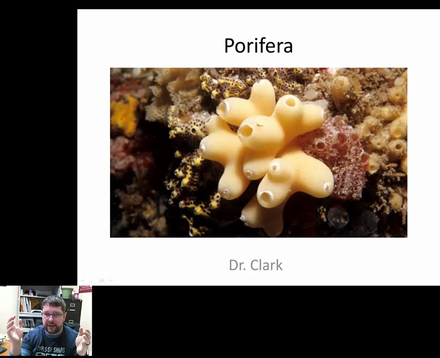Porifera, however, have some animal-like features, and so it's kind of this transition phase from single-celled aquatic organisms that may be free-swimming, may not, in the form of protista, to Porifera, where the cells are starting to come together and starting to work in collaboration with each other, not to the point of being considered tissue, but enough that you can have a whole organism with a few different types of cells.